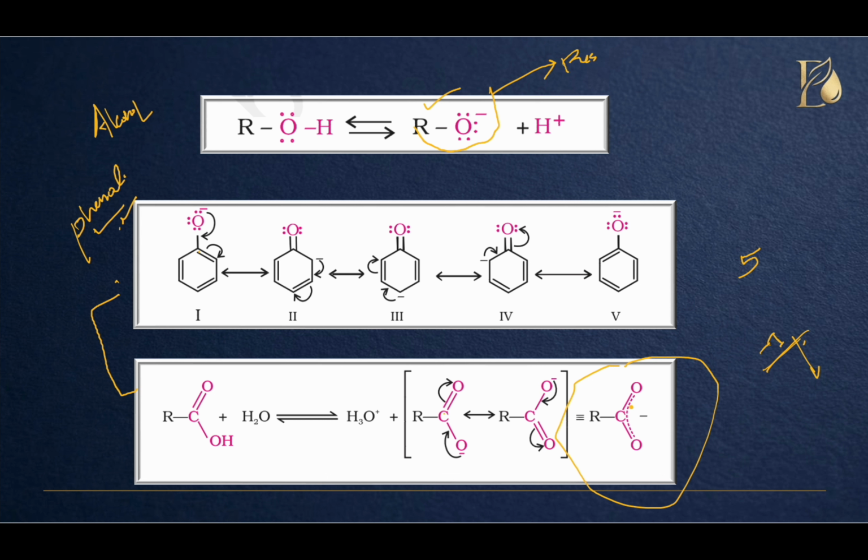This further stabilizes the conjugate base, right? Because of the minus inductive effect, oxygen withdraws electron density towards it, and it makes this conjugate base further stable. Got it? So because of these reasons, carboxylic acids are even more acidic than phenols.